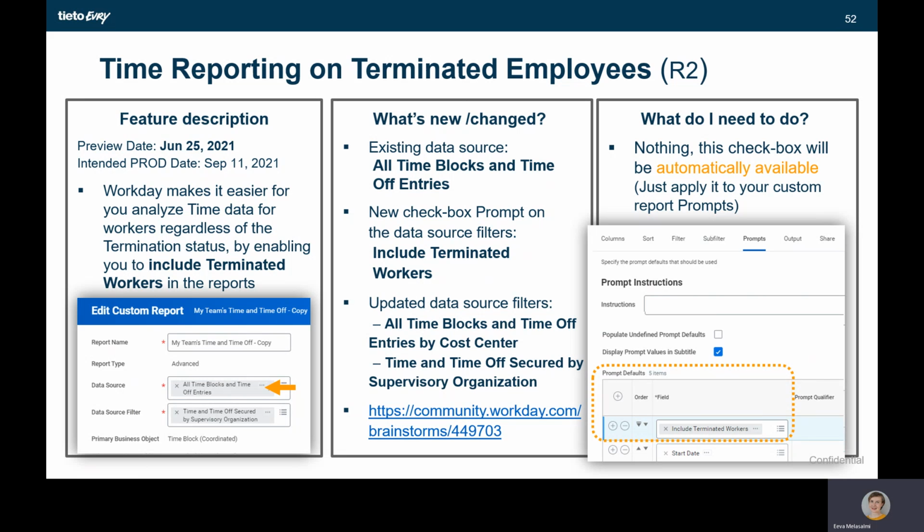The prompt is updated also on the data source filters for all time blocks and time off entries by cost center and time off secured by supervisor organization. You don't really need to do anything to enable this. The prompt will be available there in the reports on that data source.